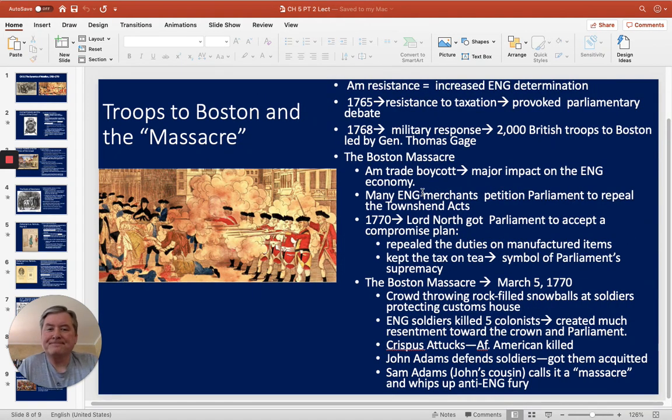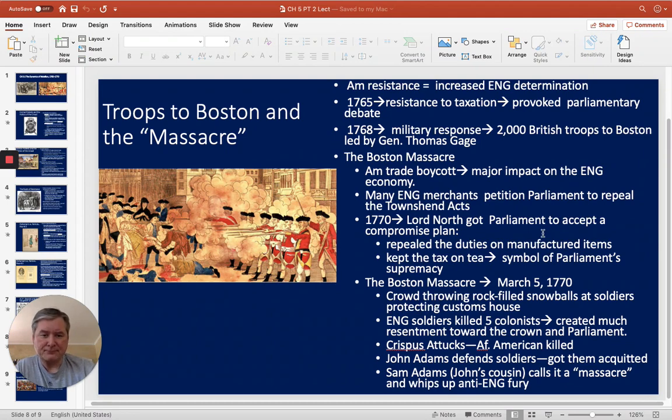Okay, so bottom line on this, all this resistance to taxation is going to cause the British to send more troops. We've got the 2,000 troops that go into Boston, led by Thomas Gage, and they're in Boston because the American colonists are flat refusing to pay these stamp taxes, and they're harassing English tax collectors.